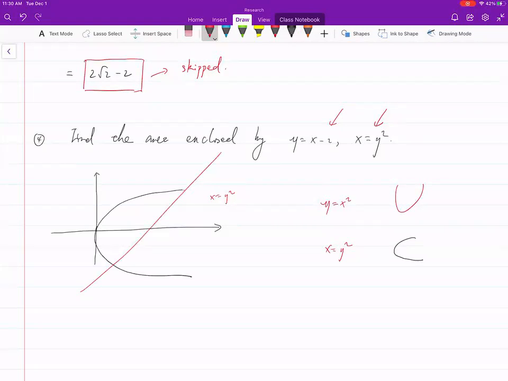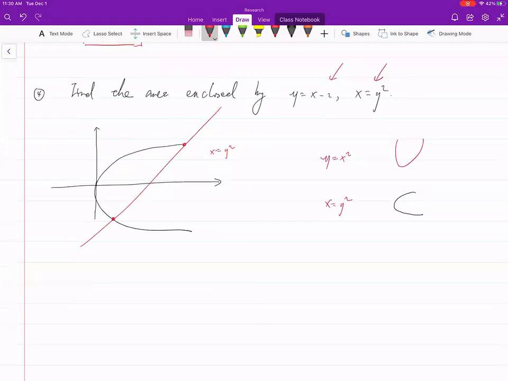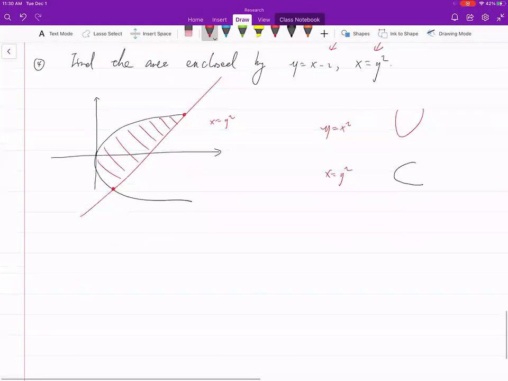Okay. The area I'm looking for will be in between. All right. Clearly, to do that, I need to know where these 2 points are. That's where I start and I split.